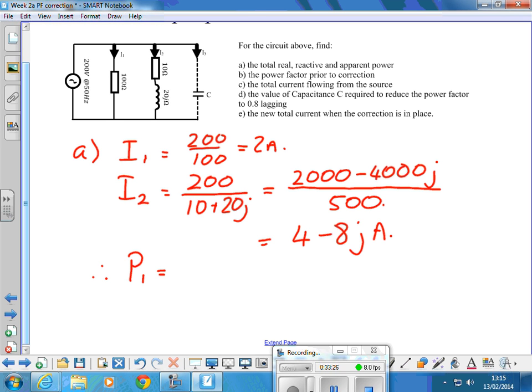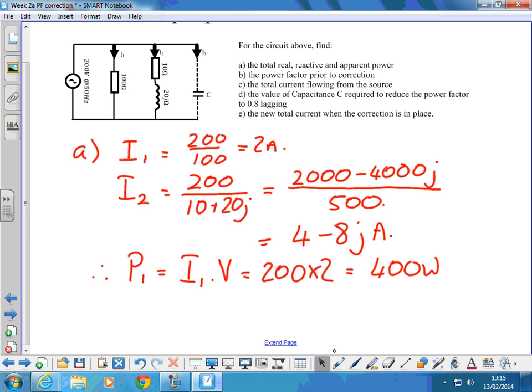Therefore, P1 is that's I1 times V, 200 times 2 is 400 watts. All pretty easy standard stuff so far, yep.